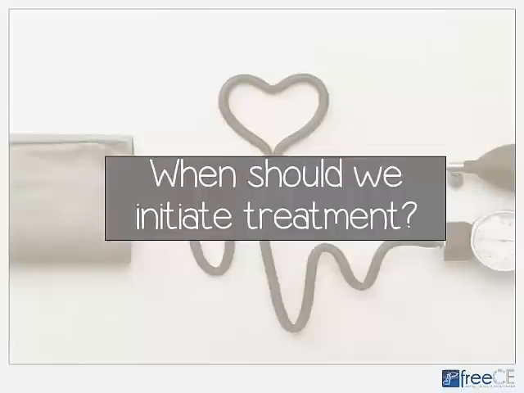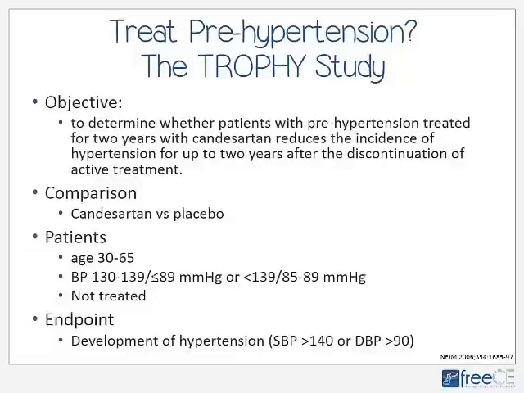Well, let's start with our first key question, which is, when should we initiate treatment in a patient who is hypertensive? So one study that sheds light on this question is the TROPHY study. The study was published in 2006, and it looked at patients with pre-hypertension, which at that time was defined as patients with a systolic blood pressure between 130 and 139, or a diastolic blood pressure less than 89.